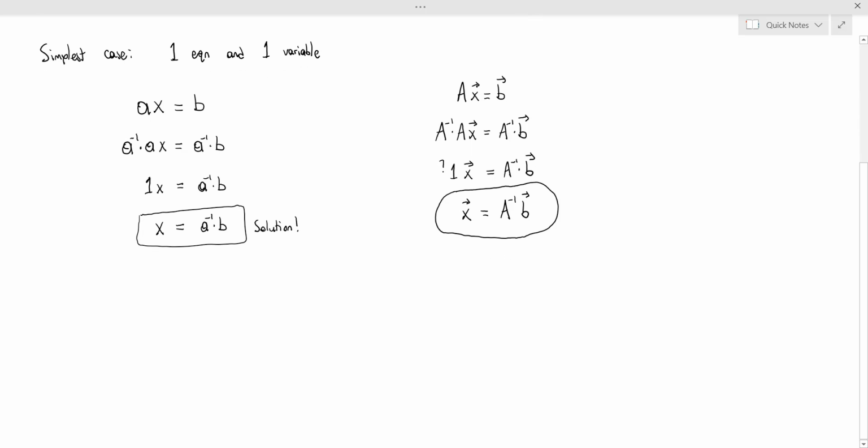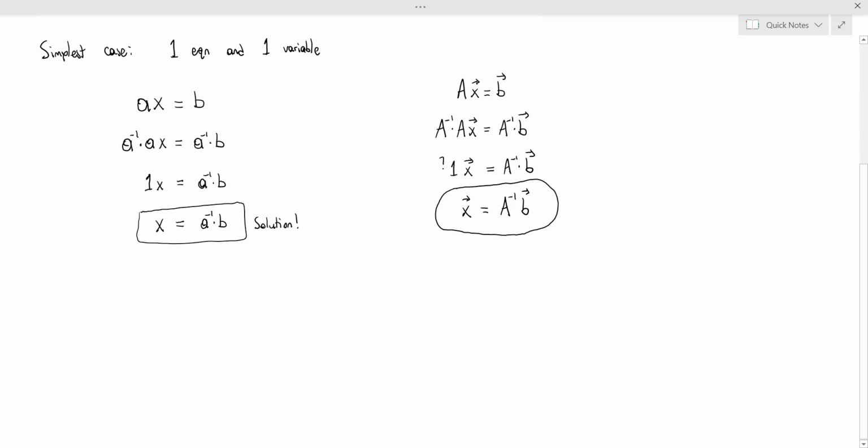All right, so let's talk about this sort of mystery number 1 that we have here. Instead of having the number 1 here, we're going to have identity matrices play the role of the number 1 in general.